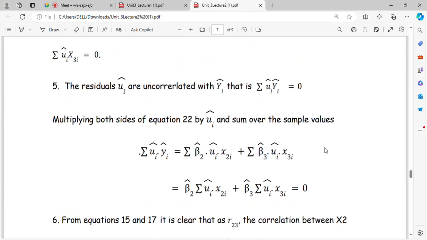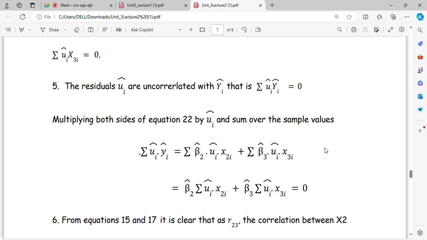If I multiply both sides of equation 22 by ui hat and then sum it, that means summation of ui hat yi hat equals summation of beta 2 hat ui hat x2i plus summation beta 3 hat ui hat x3i. We know from the two normal equations that summation of ui hat x2i equals 0 and summation ui hat x3i equals 0.